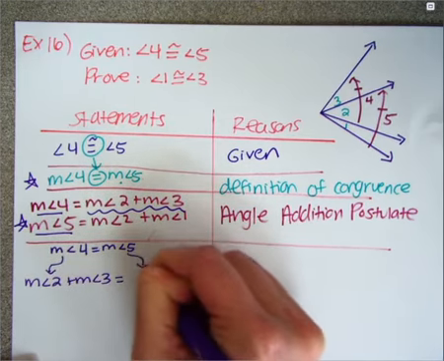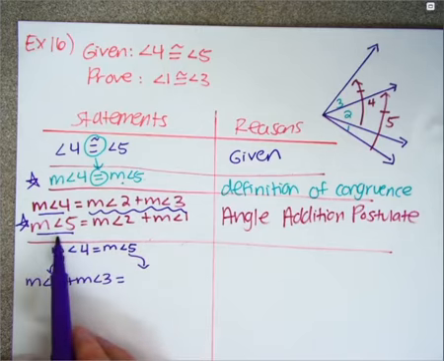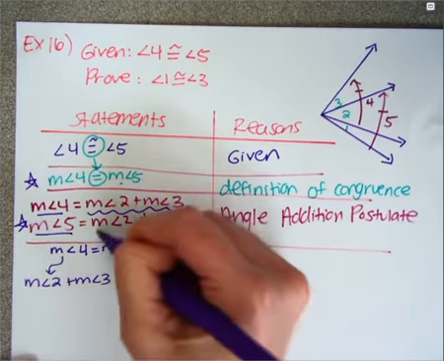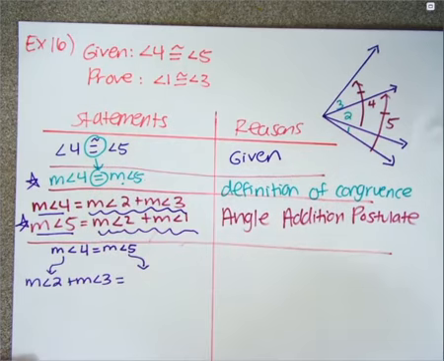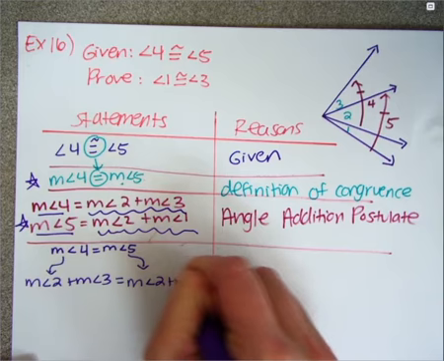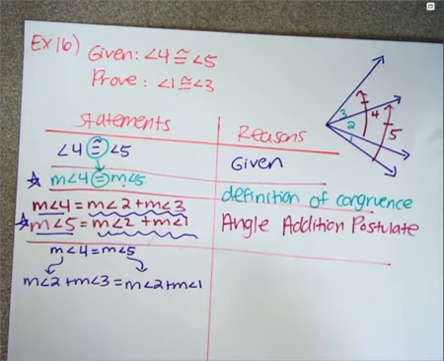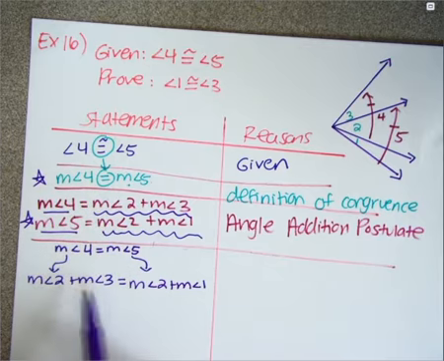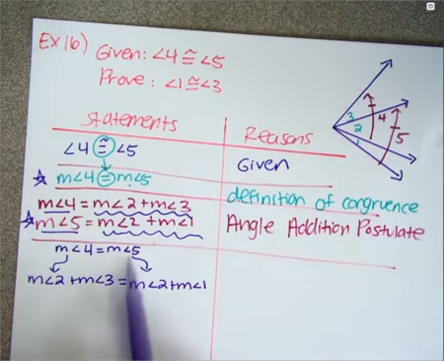And then what does the measure of angle 5 equal in this step? Nice job, you guys. It does equal the measure of angle 2 plus the measure of angle 1. So all I've done is I've replaced 4 and 5 in this step with what they equal. 4 equals this and 5 equals that.